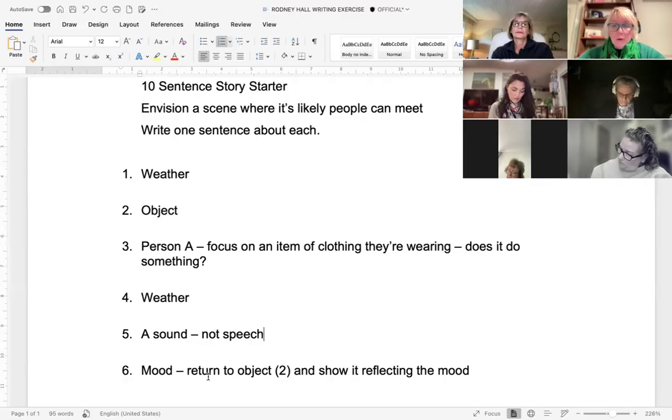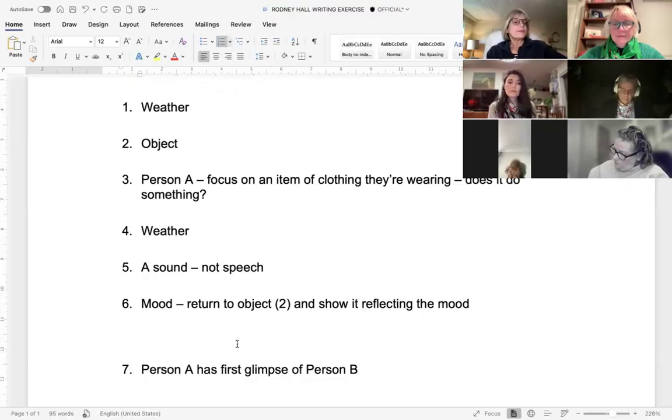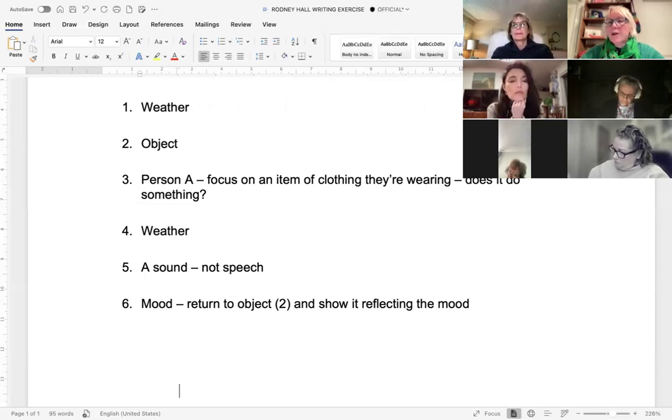So the bag could split open, or the house can be falling down, or maybe the balloon floats up into the air happily. Yeah, the object reflecting the mood.